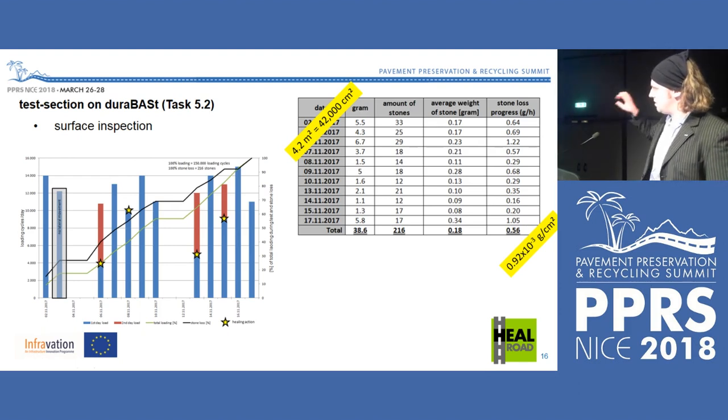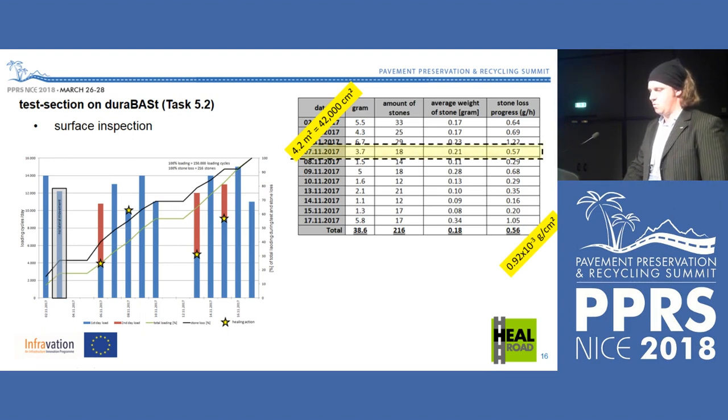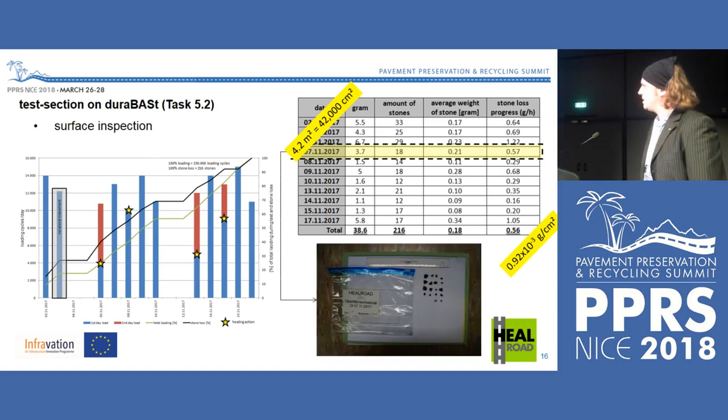Just keep this number in mind for the next slide too. I also want to show you an example of what we picked up from the surface, and therefore I marked one lane. This kind of stones we picked up on the 7th of November last year, and that's mostly the average over the whole day, over the whole experiment.